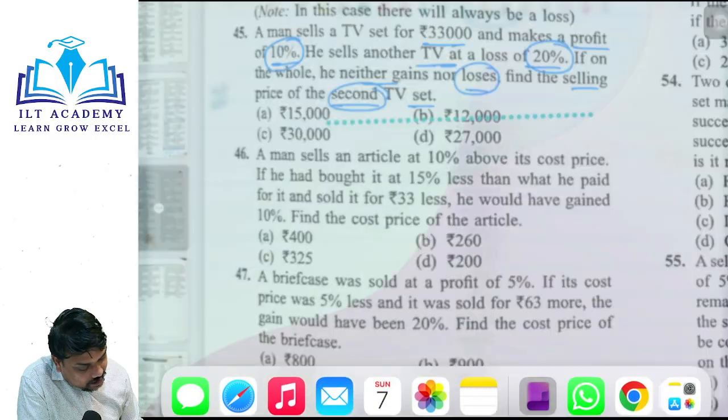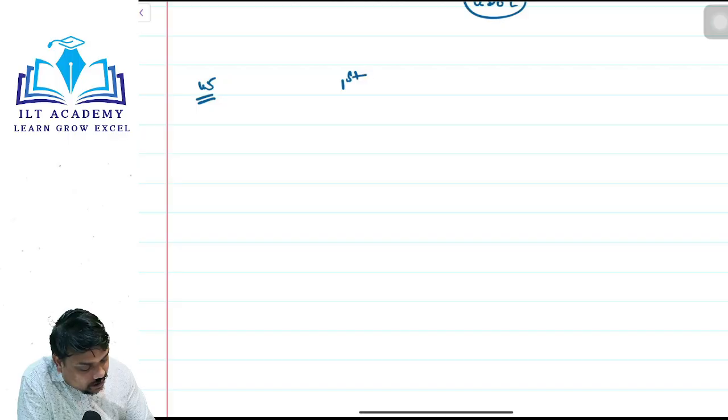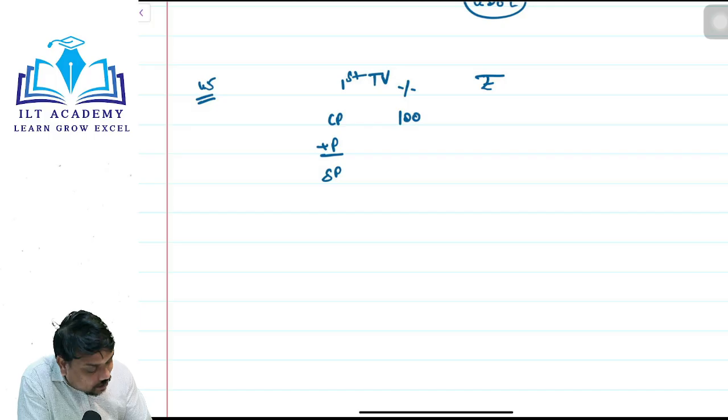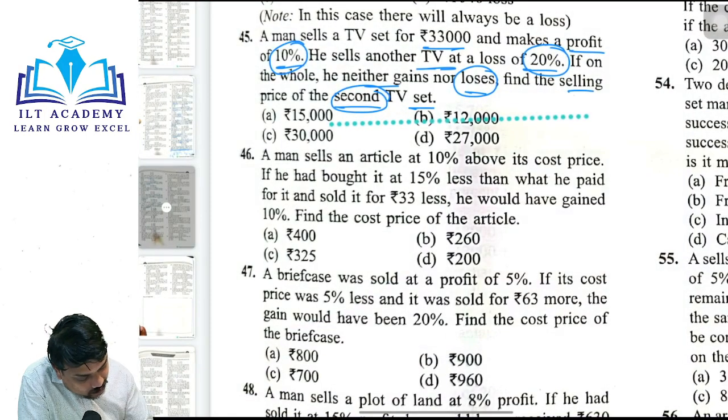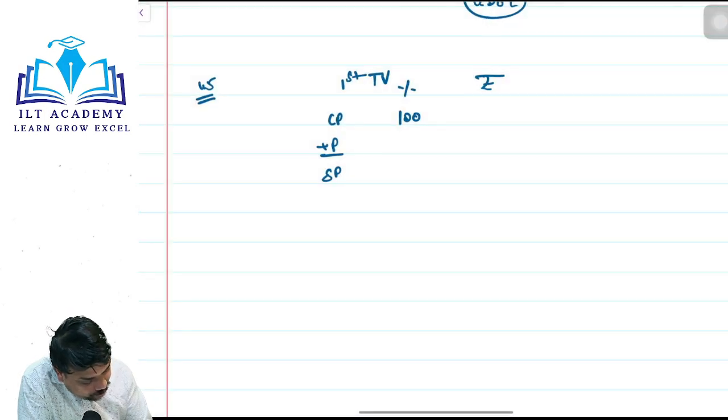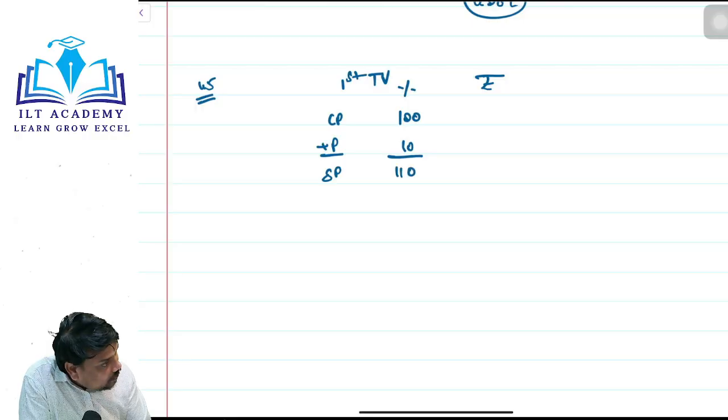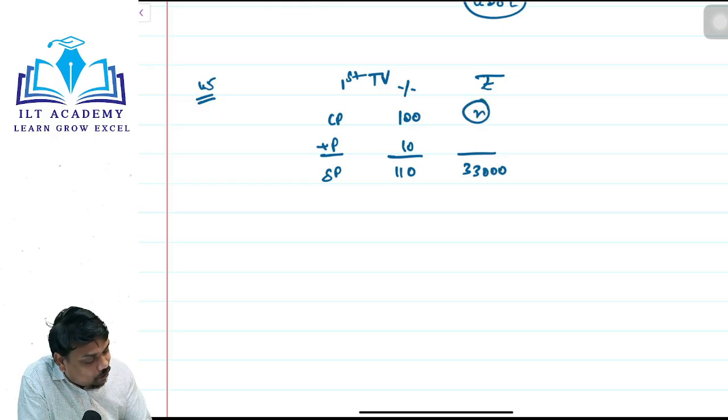We will do the first TV, the first transaction. Cost price plus profit is equal to selling price. Here percentage and rupees: 100, and the profit percentage on the first TV is 10%. So this becomes 110. So this is 33,000, and anywhere you can put x.